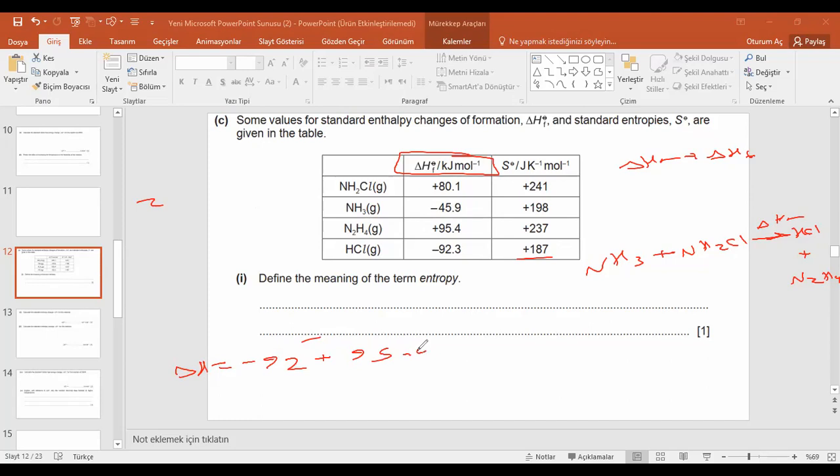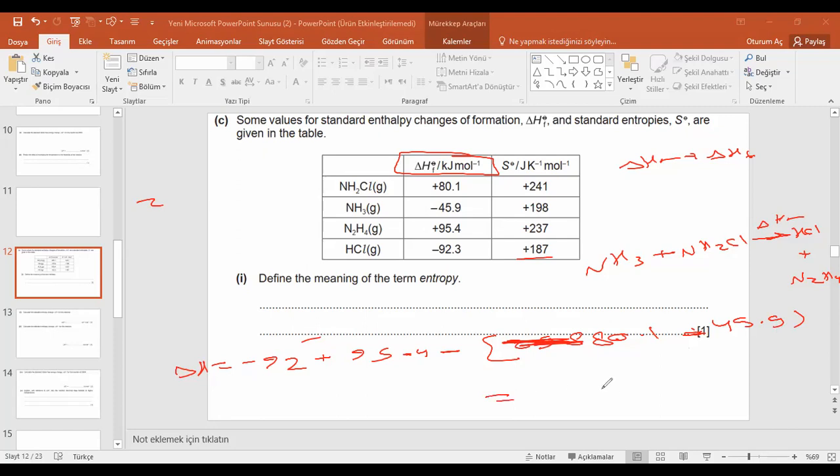What do we have in the reactants? We have plus 80.1, or actually minus, because the sign of it is minus 45.9.